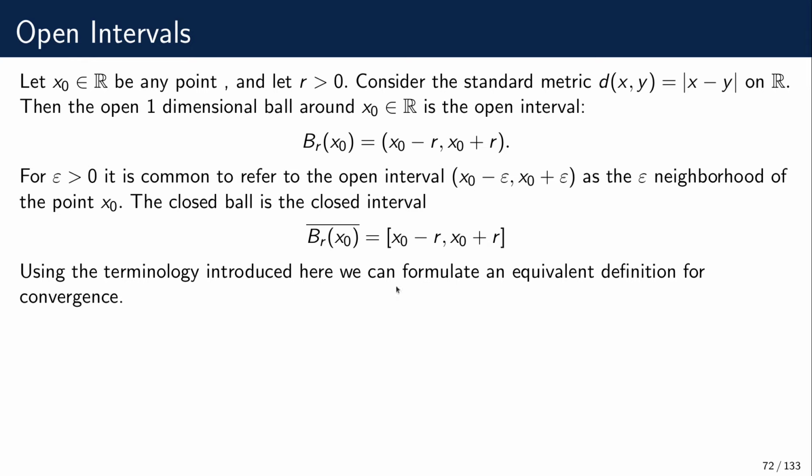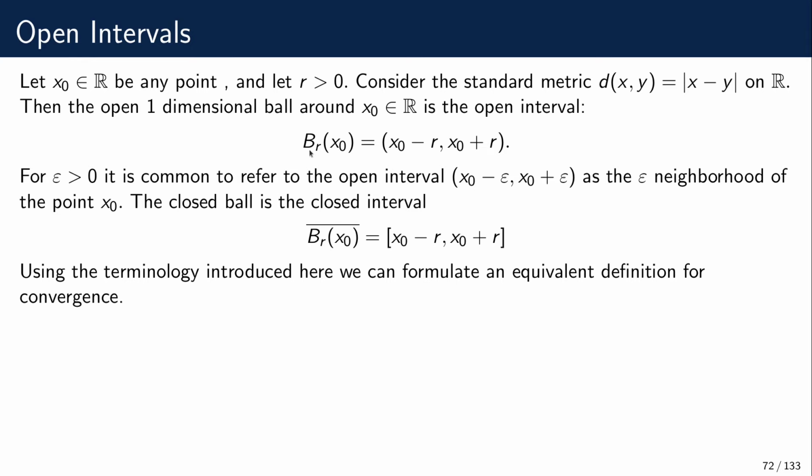So this is the collection of all points whose distance from x0 is smaller than r with respect to this distance function d on R. But this means that this open ball coincides with this open interval. This is exactly what it means to take all the points on the real line whose distance from x0 is smaller than r. They all lie between x0 minus r and x0 plus r.